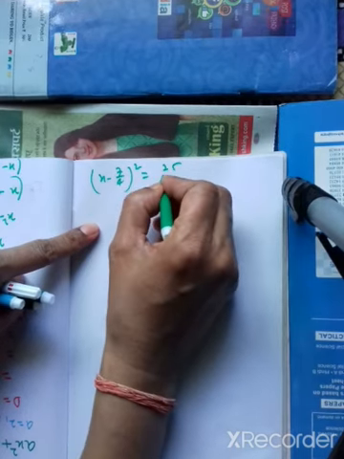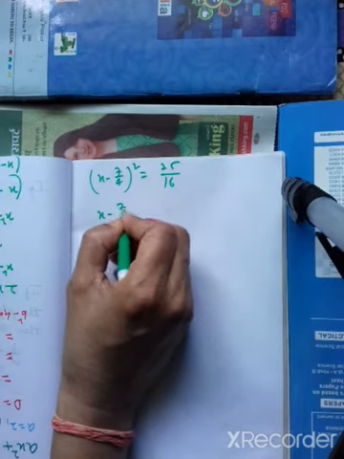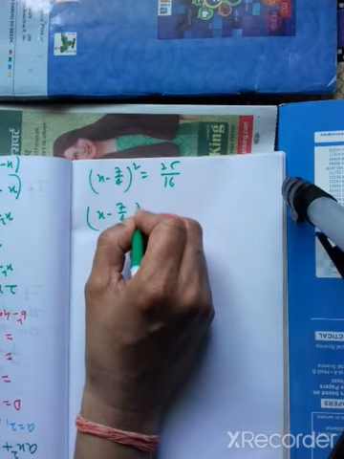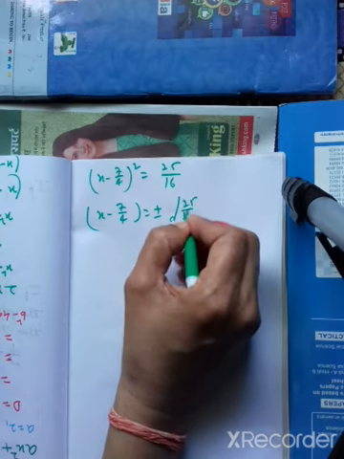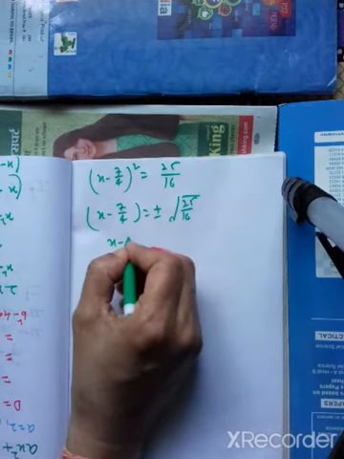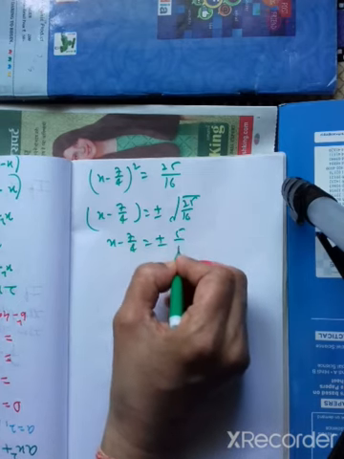So x minus 7 by 4 whole square equals 25 by 16. Removing the square from the left hand side, it gives plus minus square root of 25 by 16, which gives plus minus 5 by 4.